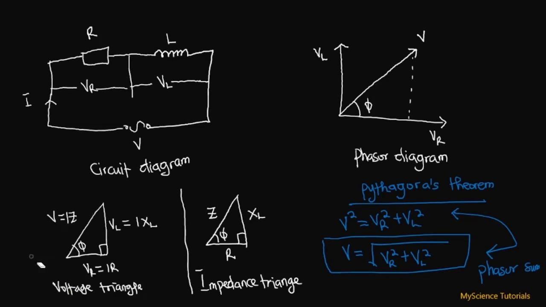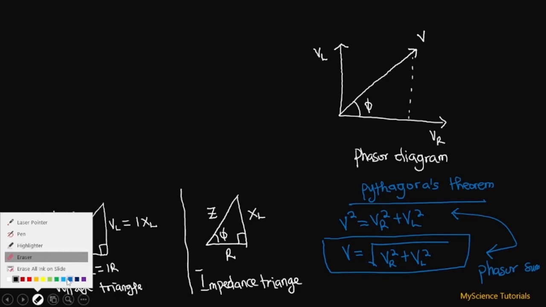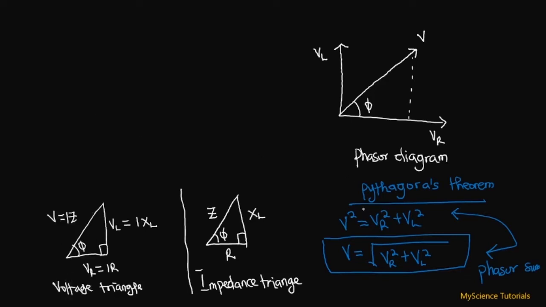Now let's get some space and look at how we find the phase angle. So let me quickly erase the circuit diagram. All right, now that we have this space, let's look at how we find the phasor angle. In this type of circuit, we only have our inductive voltage and then the resistive voltage. So this is the opposite side of the triangle, and this is the adjacent side of the triangle.